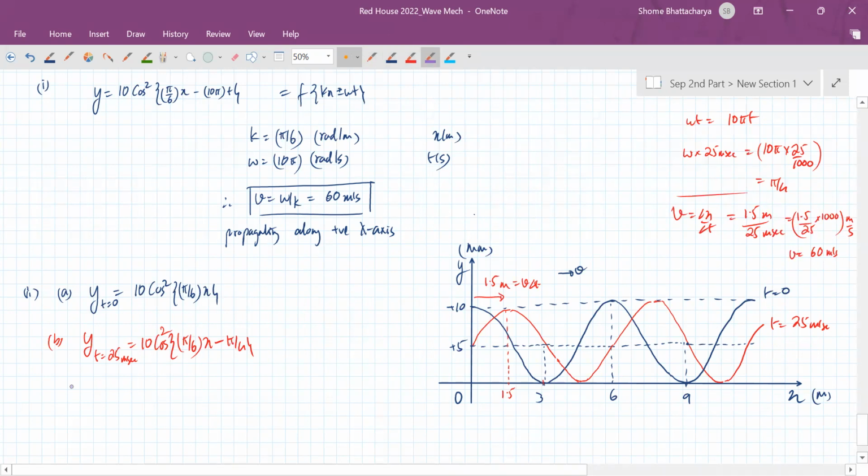Now, similarly, when you want to plot the graph at t equal to 50 milliseconds, you can see you'll end up plotting this kind of graph, because omega into 50 milliseconds will be pi by 2. So that is 10 sine square pi by 6 x.